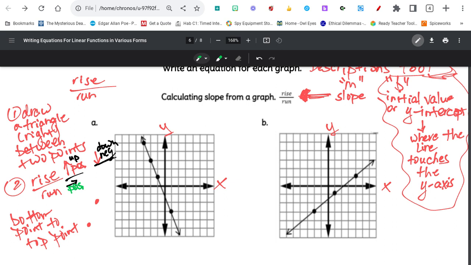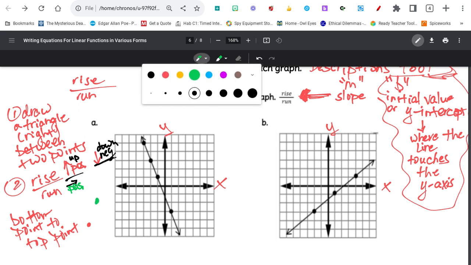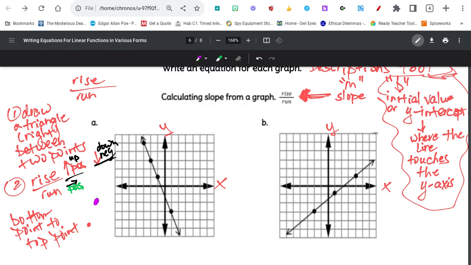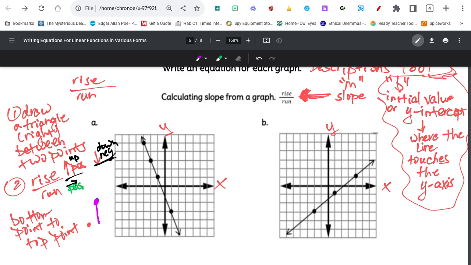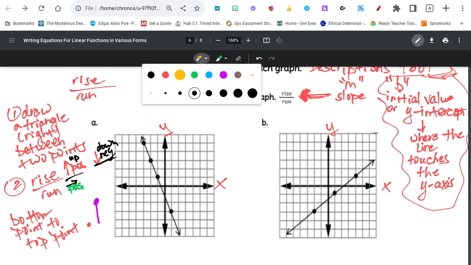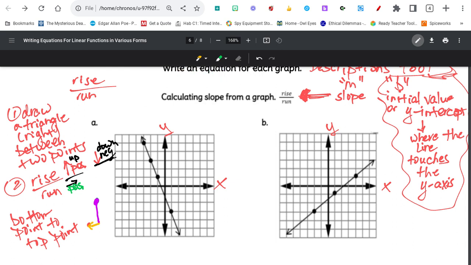For instance, if I went from that purple dot, and I went down and made a right triangle, I would have to turn and go to the left, guys. So if you ever turn left, your run would be negative.